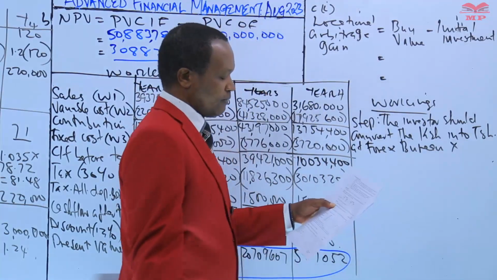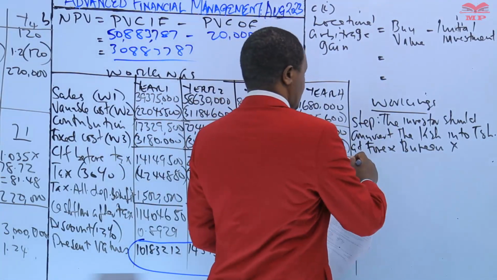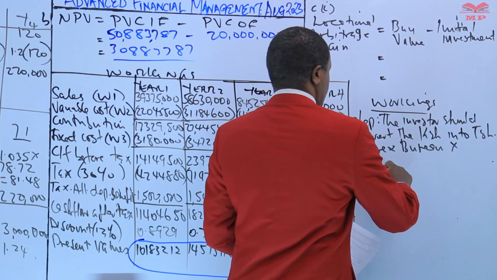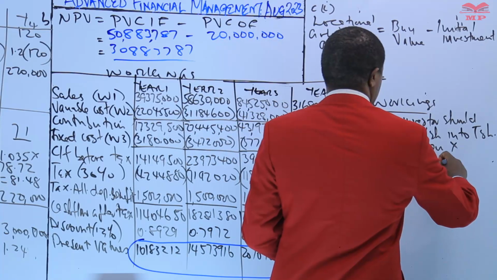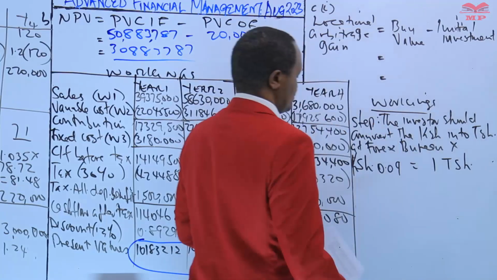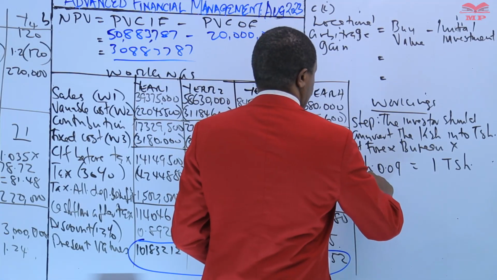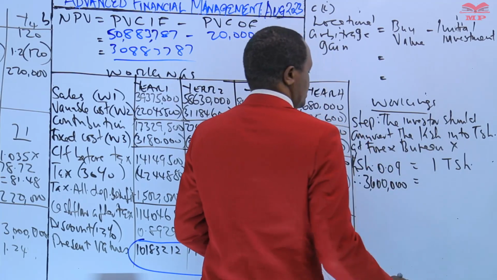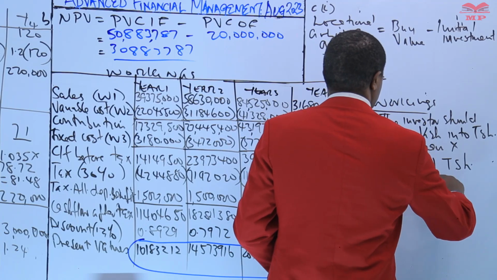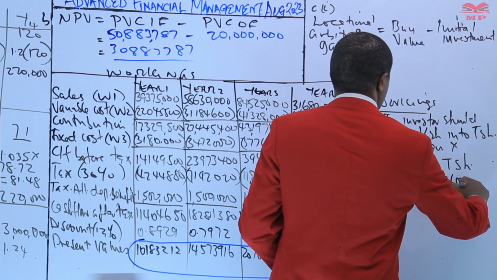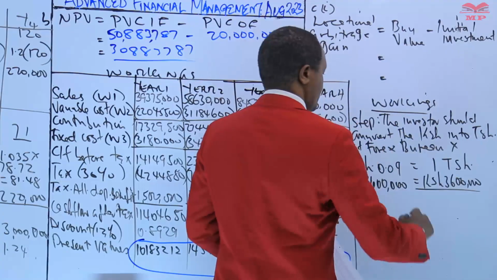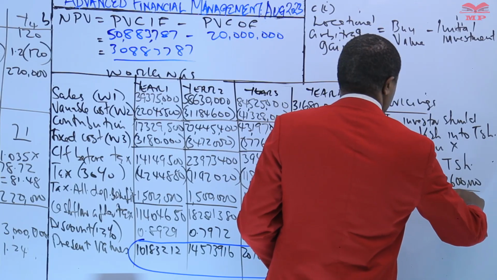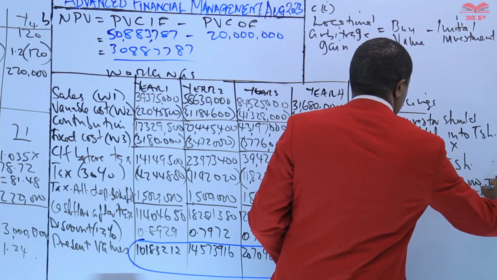So let us convert. You've seen that Kenya shillings 0.09 is equivalent to 1 Tanzania shilling. Therefore, the 3.6 million shillings will be equivalent to Kenya shillings 3.6 million divided by 0.09 Tanzania shillings.